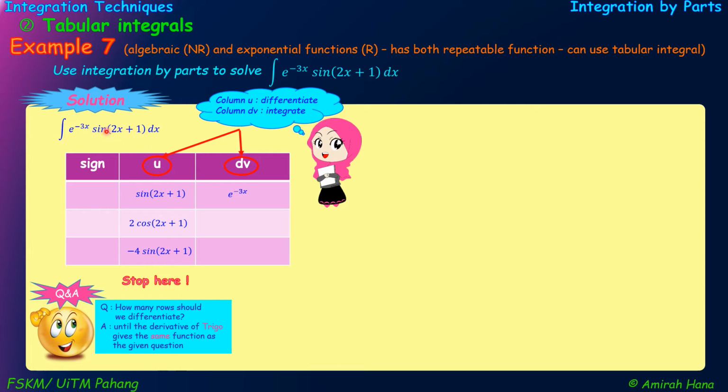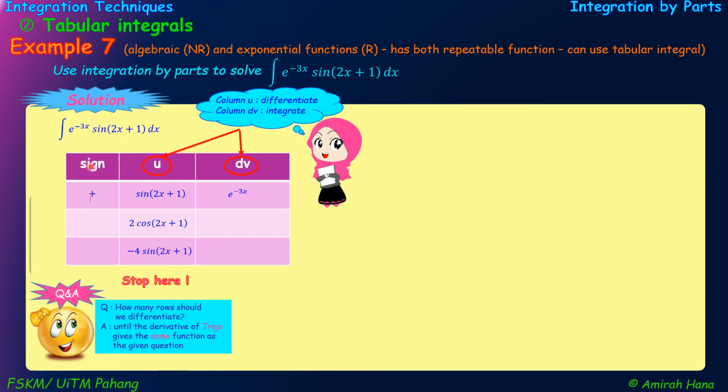But if our u is an algebraic function, we need to differentiate until the derivative gives 0. When the given function is a trigonometric function, we never get 0 when we differentiate. That's why we need to differentiate until we get back the trigo function given in the question.